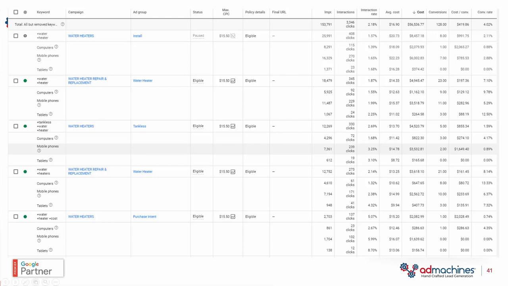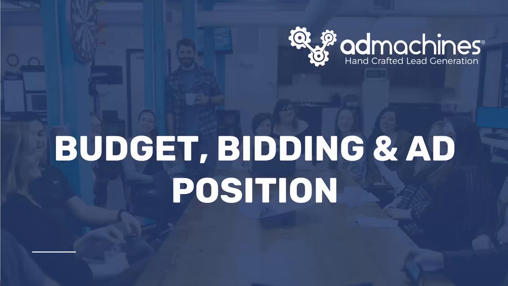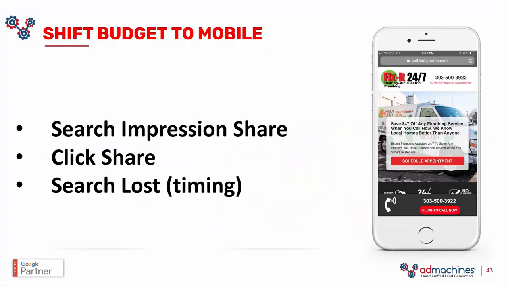Next are the budget, bidding and ad position controls that you can apply. Google has three data points that you want to look at: the search impression share, the click share, and the search lost. Search impression share is essentially how much of the market opportunity your company is getting compared to everybody else.